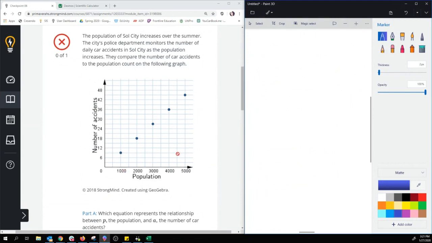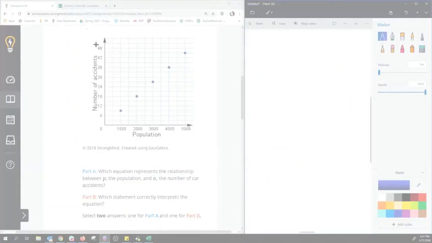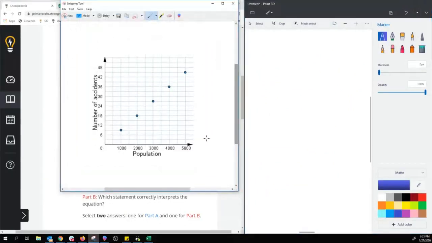So it looks like this first dot here, if I go straight down, my population is 1,000. Remember, this is my x, so I'm going to write 1,000 first. And when I follow this dot to my y-axis, there's no number here, right? But when I look at my grid, I have 0, blank, 6, blank, 12, and so on.